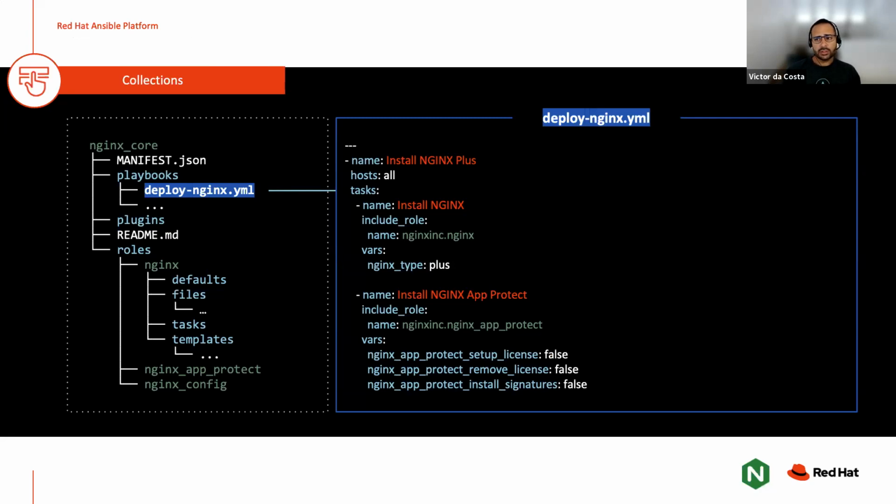You can package inside a collection, or you can consume an existing collection that will provide not only the modules that you need to interact with those different devices and systems, but also roles that will encapsulate the different actions and activities that you need to do.